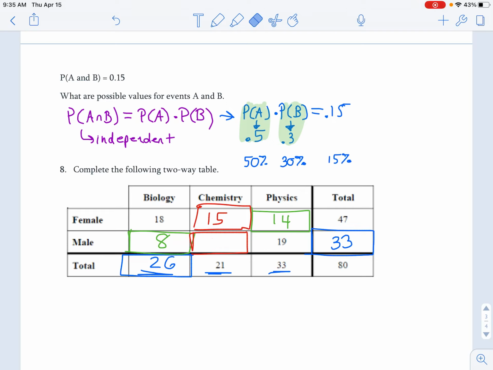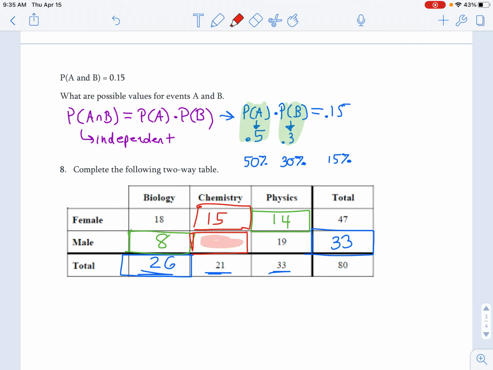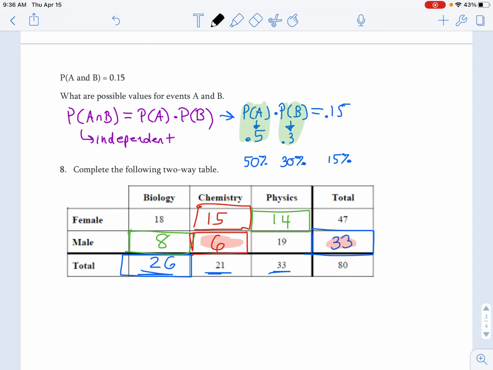I know what I did. Brain fart alert: when computing this number right here, I looked at the wrong one by accident. My apologies, it should be 33 minus 19 minus 8. Let me clear that. But this is a good thing. I was checking my work and I noticed my numbers weren't adding up correctly. Now we're all good.